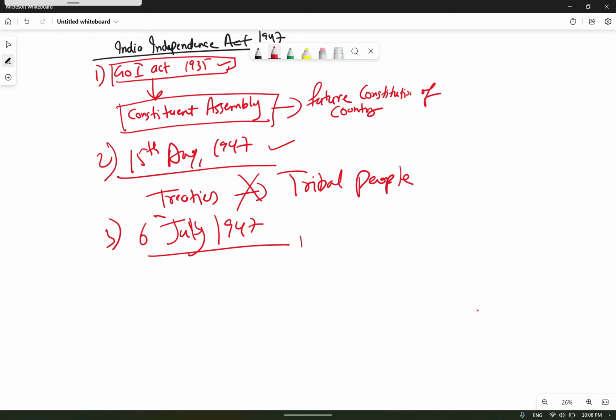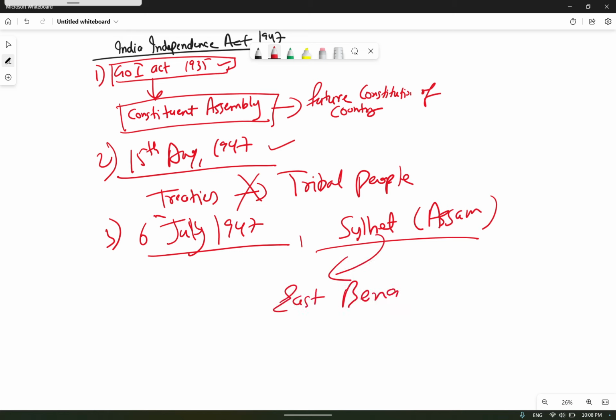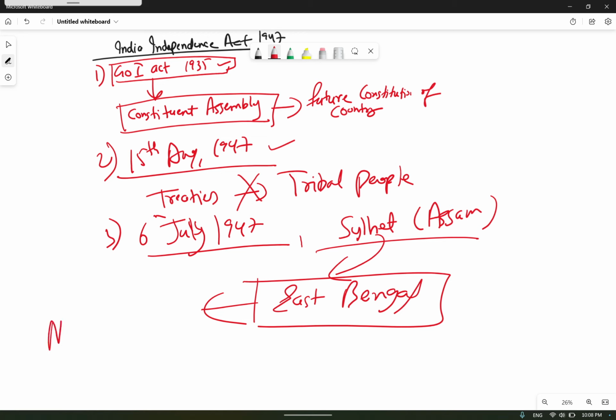The referendum was held on 6th July 1947 for the region of Sylhet in Assam, and they decided to join the province of East Bengal, which is nothing but the new country that was called Pakistan.